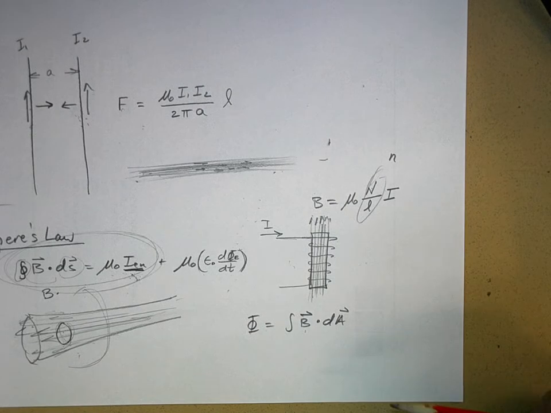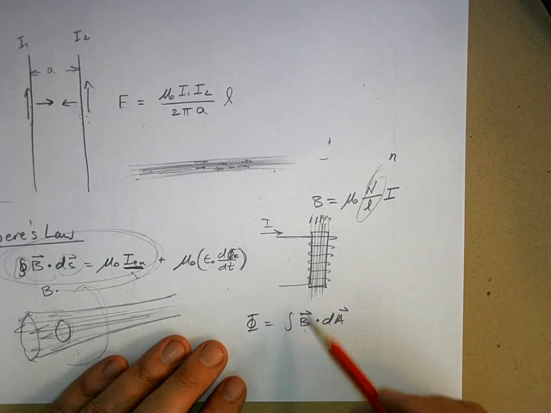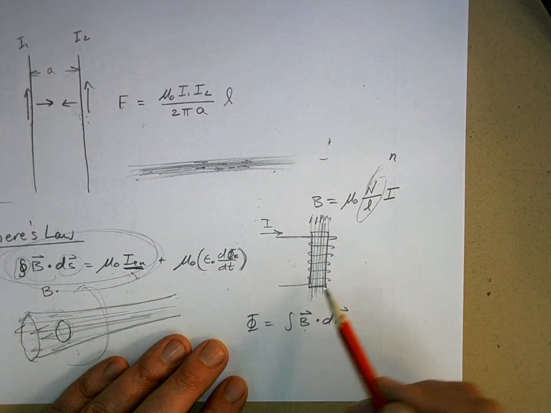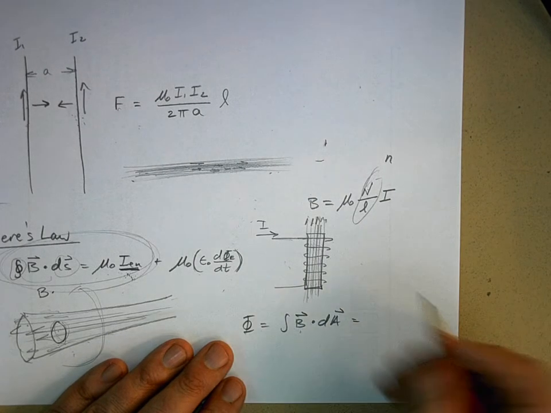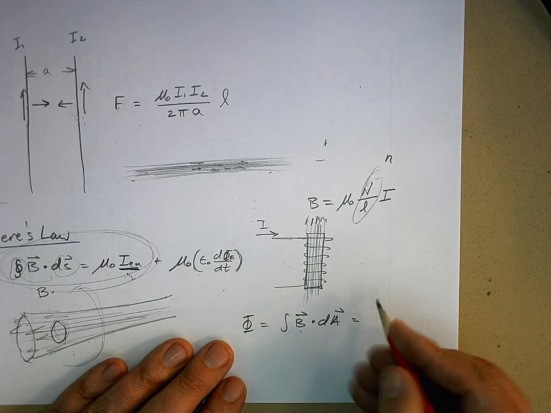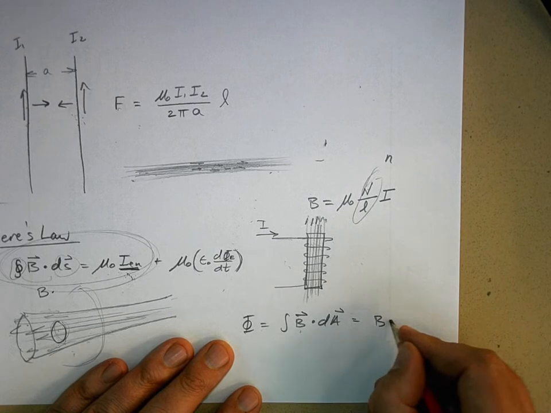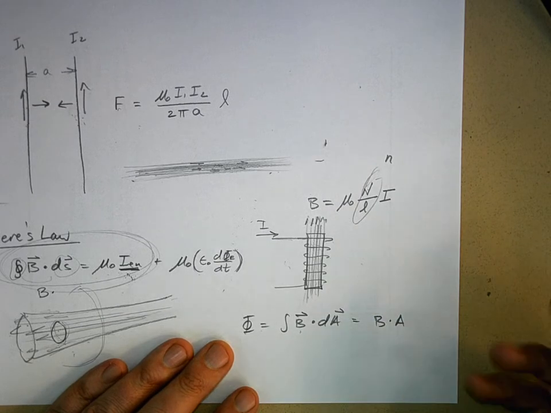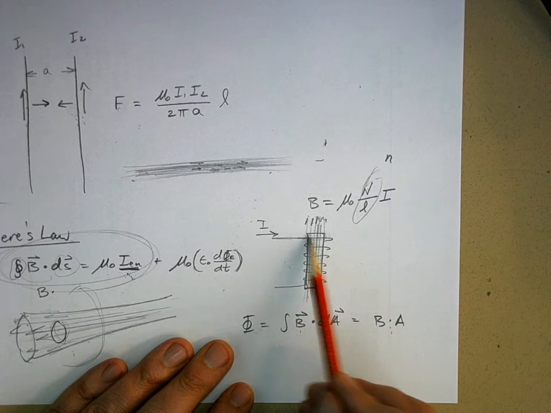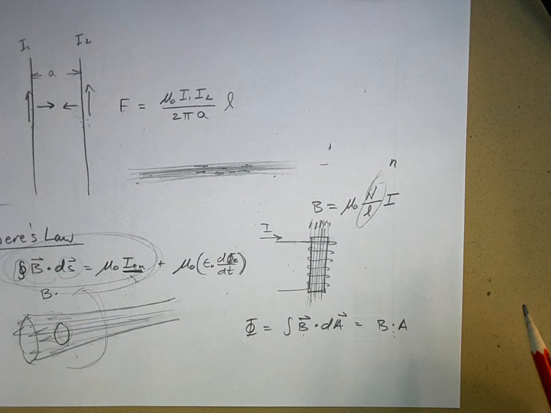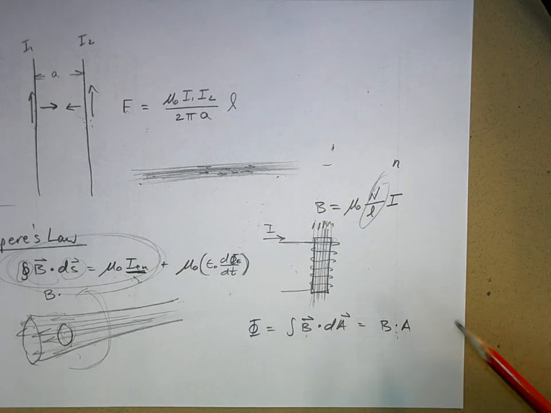Here, the magnetic field inside a solenoid is uniform, so this integral is just B times A. The area of the solenoid is pi r squared, but the important thing is to remember that it's B times A.